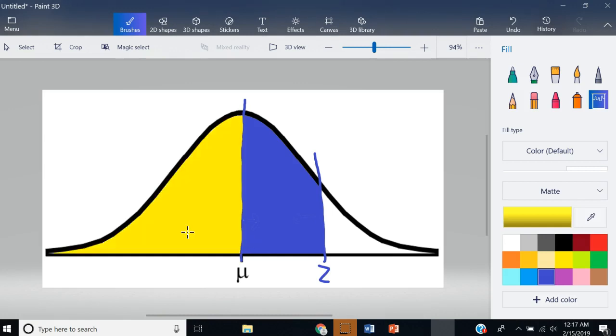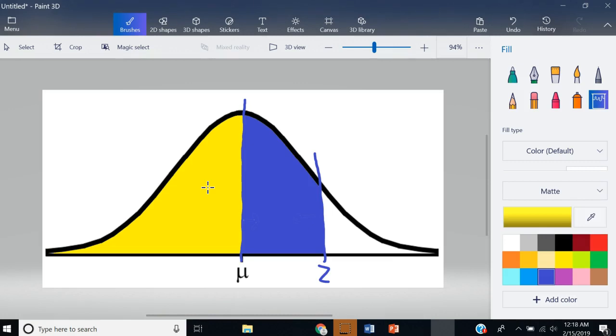So basically, if I shade this in yellow, I need to come up with a total of the area in blue and the area in yellow. The area in blue is 0.3456, and the area in yellow has to be 0.5 because that's half of the curve.